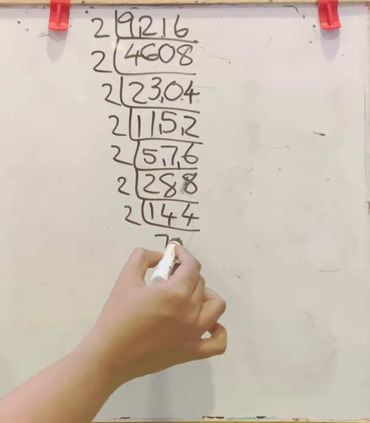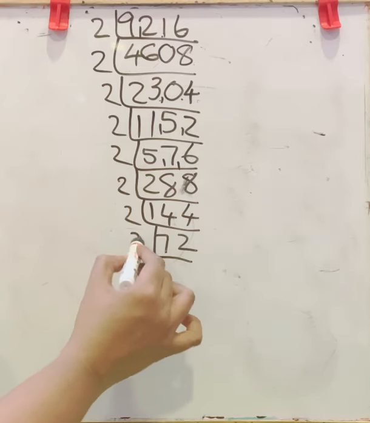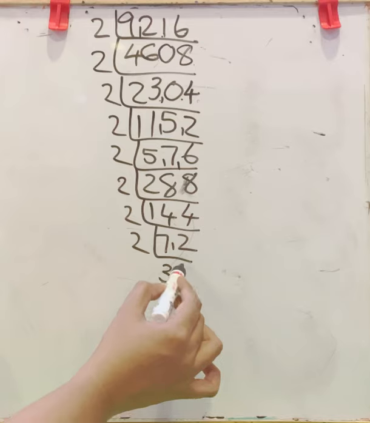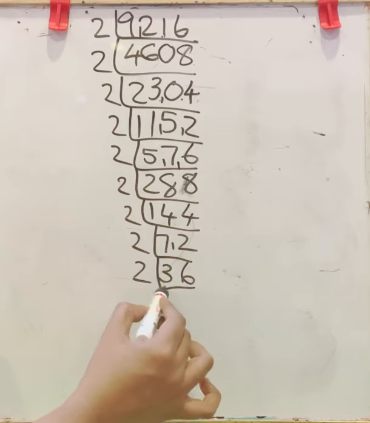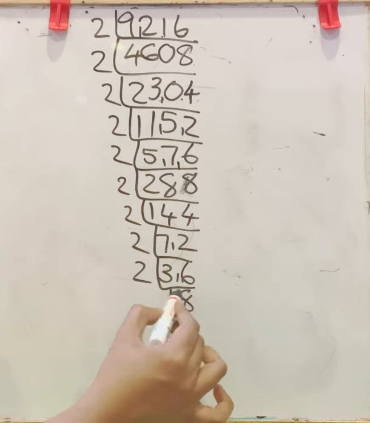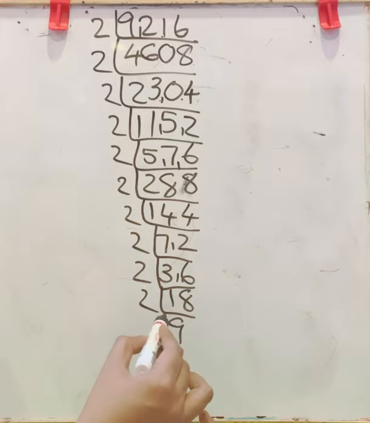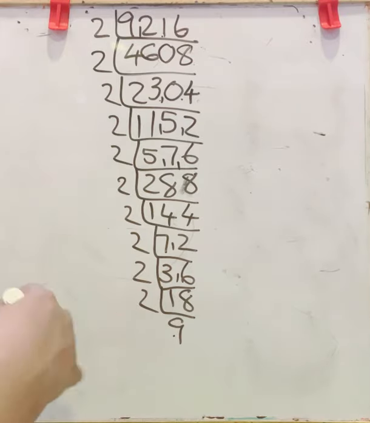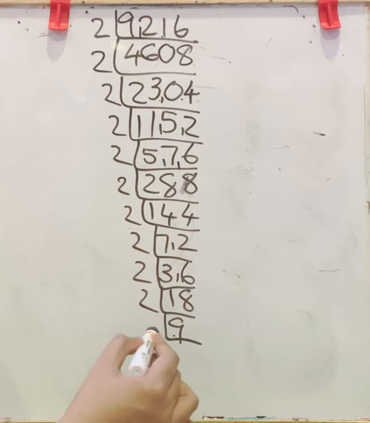Again 2, 7 2s are 14, 2 2s are 4. Again 2, 3 2s are 6, balance 1, 6 2s are 12. Again 2, 1 2s are 2, balance 1, 8 2s are 16. Again 2, 9 2s are 18. Now you can't proceed with 2. Next prime number is 3. Yes, you can do factorization with 3. So 3 3s are 9.